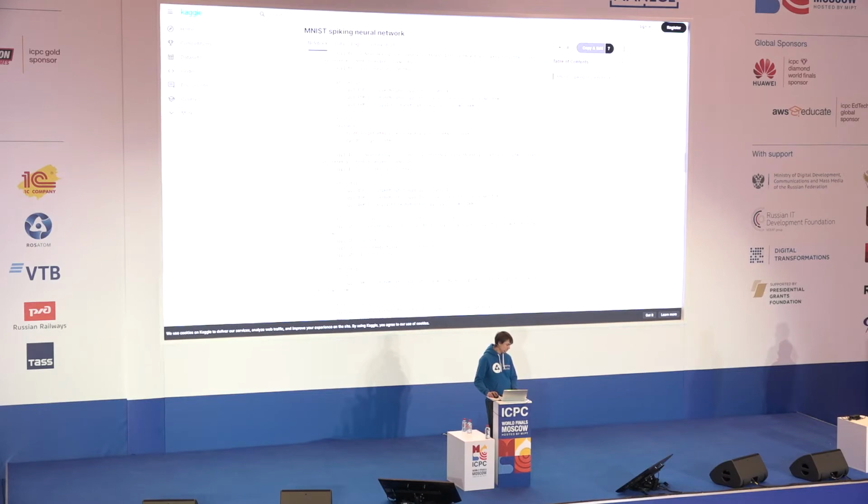Then we have a similar inhibitory group, and then three groups of synapses. The first is between the Poisson generators and the excitatory group. It's configured with the STDP equations I showed you earlier. The weights of these synapses are randomly initialized, and they are learned through the experiment.